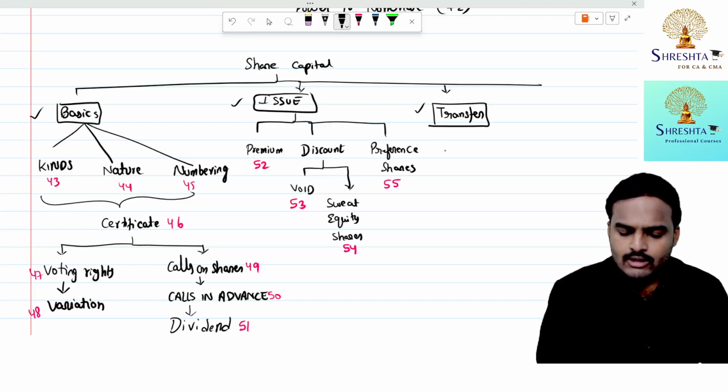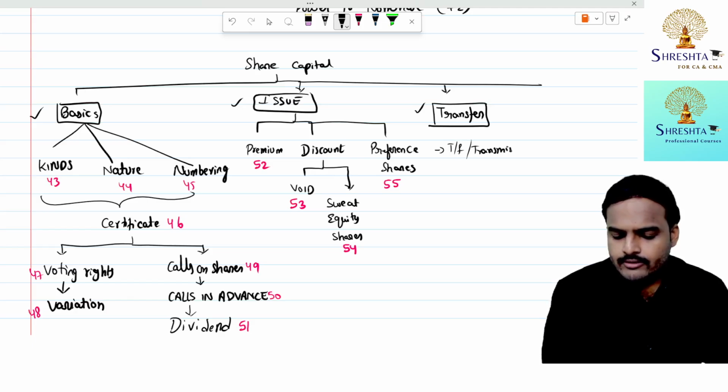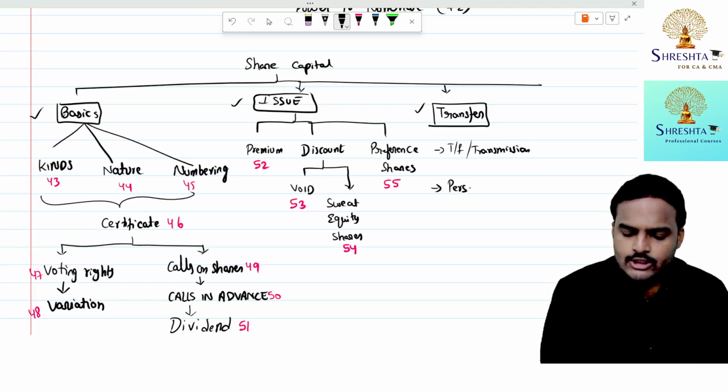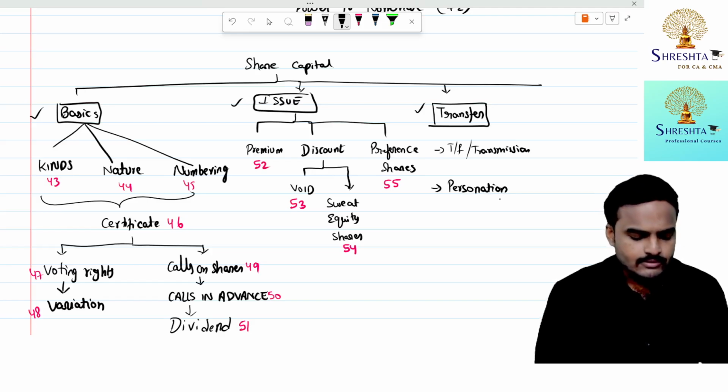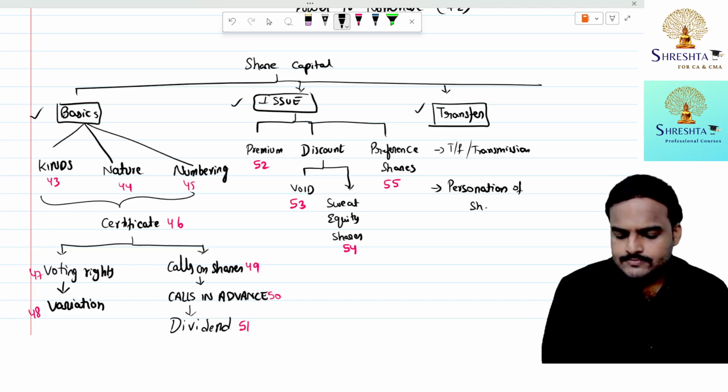First one, come on, tell me. Transfer or transmission. Next one, personation of shareholder. Punishment for personation of shareholders.